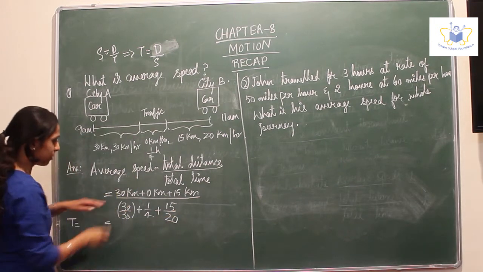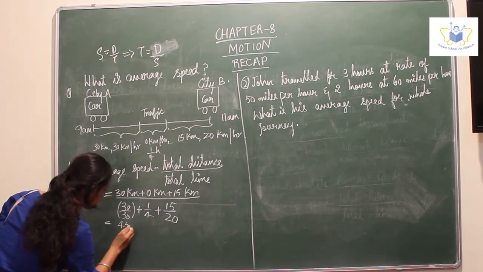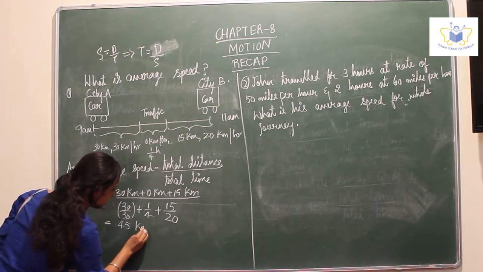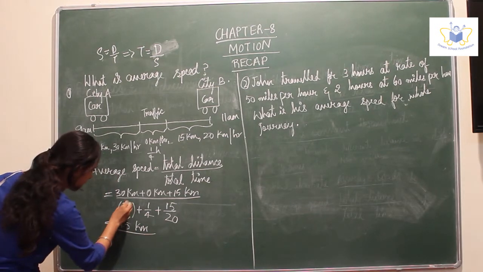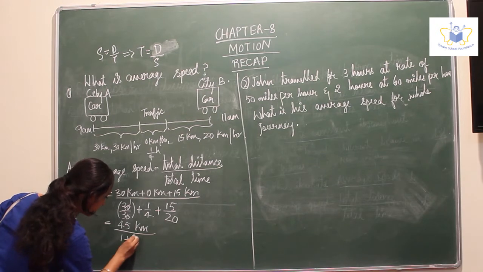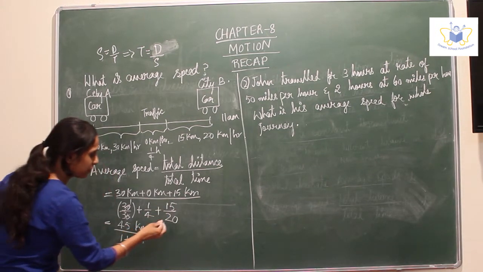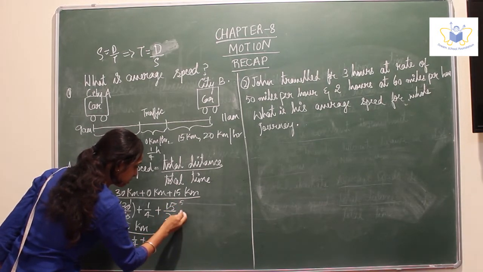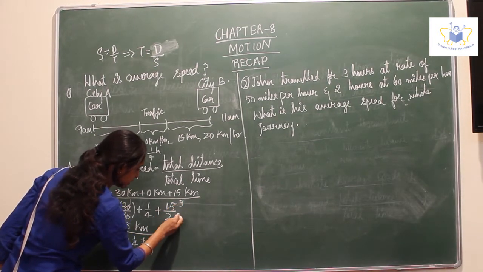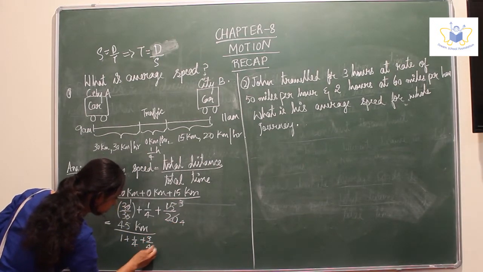Now let me add it. 30 plus 15, 45 kilometers, divided by 30 by 30 which is 1, plus 1 by 4, plus 15 by 20. 5 threes are 15, 5 fours are 20, which is 3 by 4.